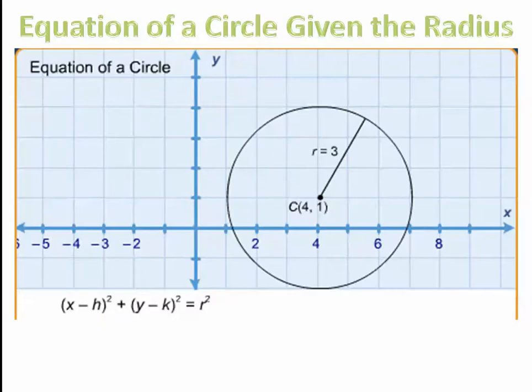Now, you're going to use that information to help you figure out the full equation of the circle. Now remember, (h, k) is your center. H and K are your center. And then (x, y) is your point on the circle.